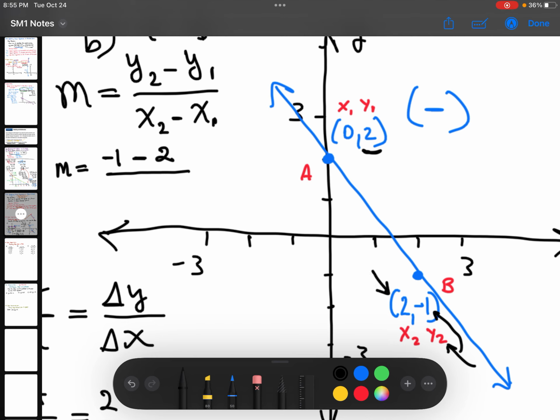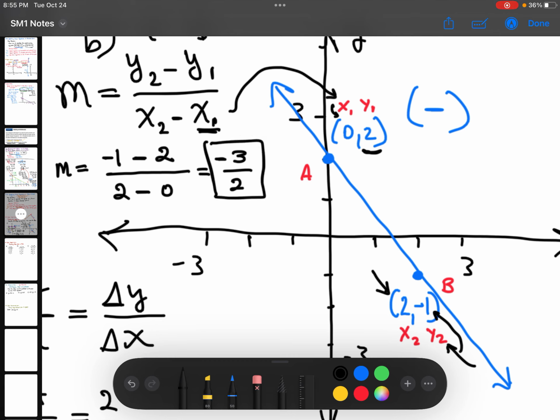Look at the arrow. It's here. So it's 2 minus, what is x1? Goes right here. Can you see it's a 0? And then just solve. -1 minus -2 gives -3 or 1... divided by 2 minus 0, which is 2. This is the slope. Just as simple.